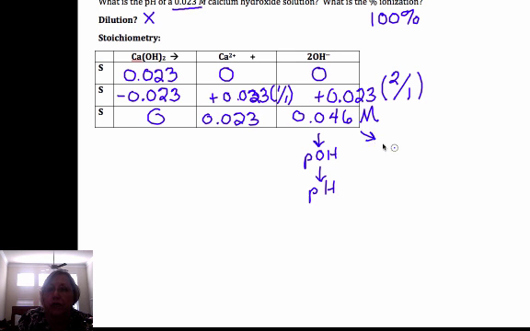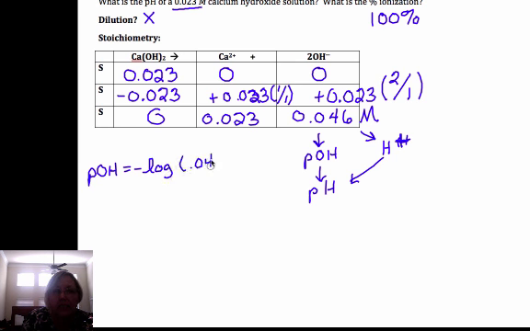Now, you could just as easily go from OH minus to H plus to pH. I just think it seems like fewer keystrokes when I do it this way. So I'm going to get my pOH, and that's minus the log of 0.046. And I get 1.34 for my pOH, but you can't stop here.